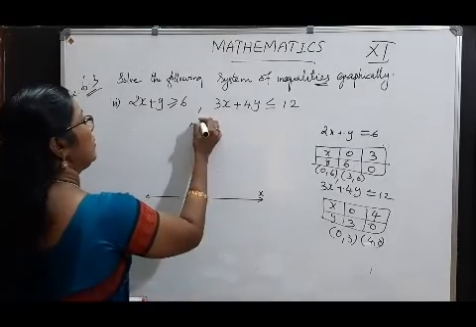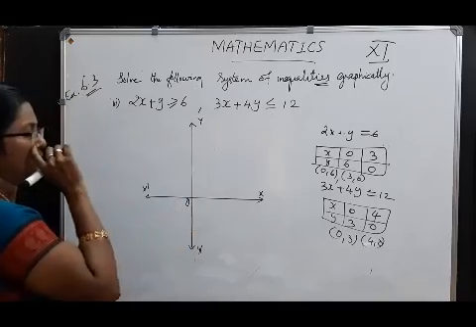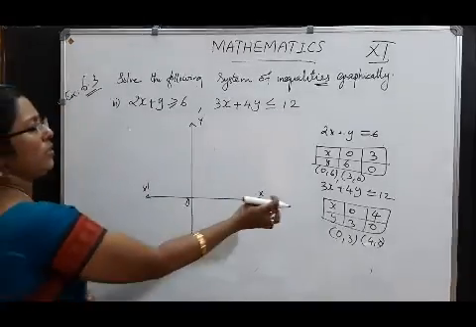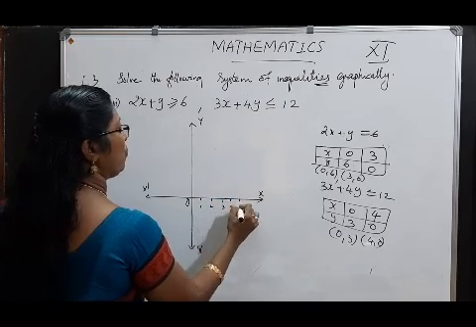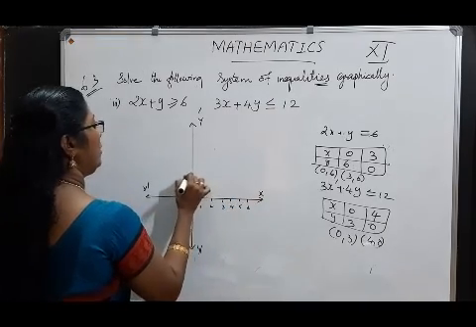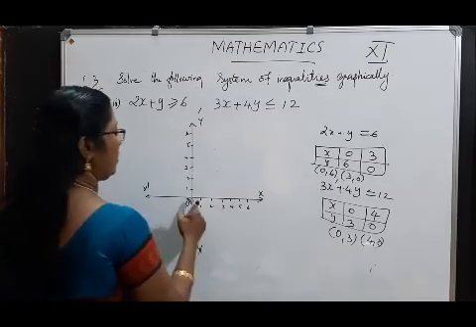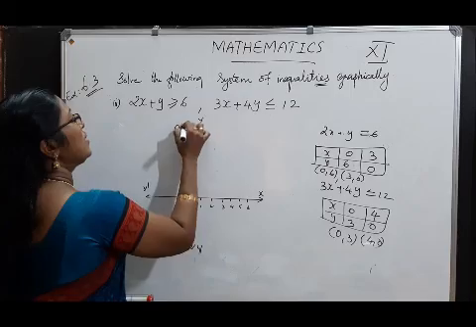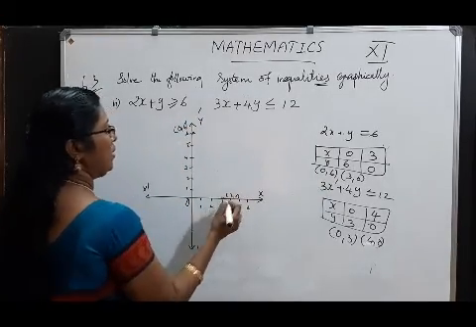X, y, x dash, y dash, origin. Then the first one: 1, 2, 3, 4, 5, 6. This is 0, 6 and 3, 0.